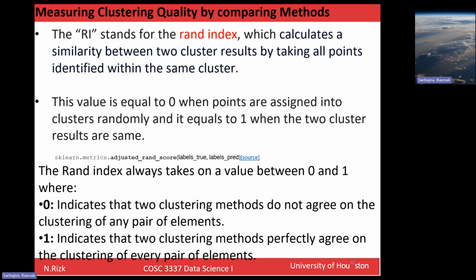So if you have used k-means to cluster one data set, and if you have used DBSCAN to cluster another data set, then you will use RAND index, RI, to calculate which of them gave you better results. And this is only used for supervised because you take the results of these two different clustering methods and you compare them to the ground truth to see which of these clustering methods have given you better results.